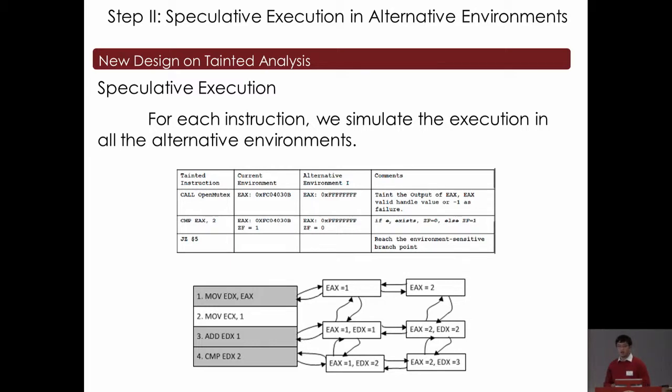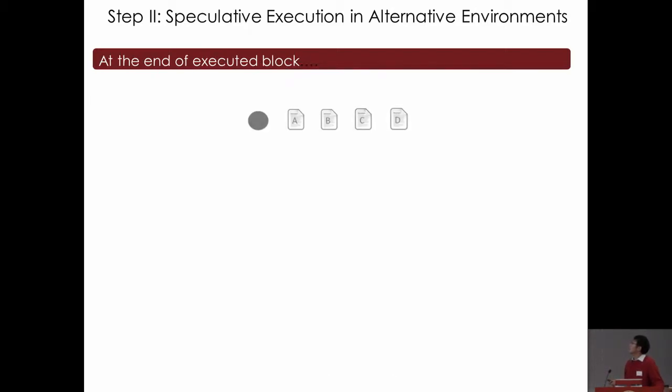We use a doubly linked list to maintain these, and since we only record the differences in registers and memory, we consume very little resources during this execution. At the end of the executed block, we will have many alternative results and environments. Here we have 4 environments at this branch point.